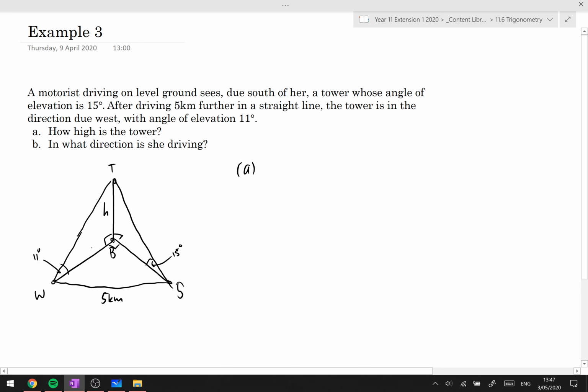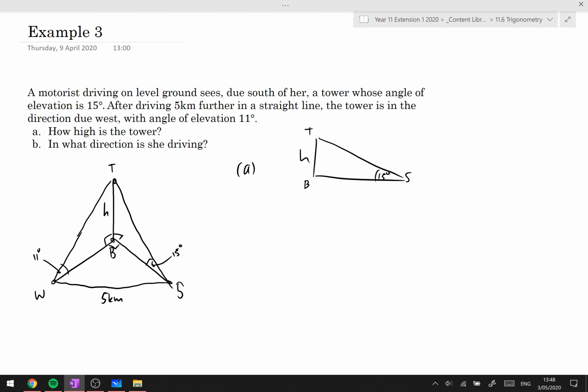So let's start with the southern triangle. It's something like this: it's 15 degrees at the south. There's the base, there's the tower, and that's the height. Do we know anything else about this?